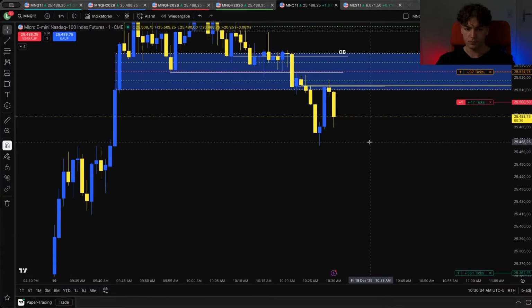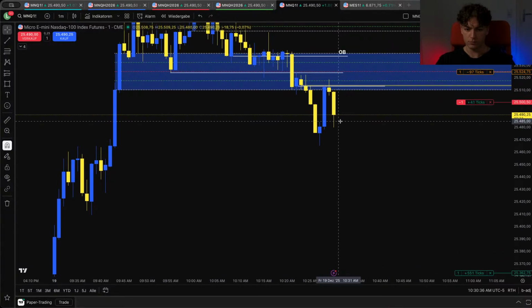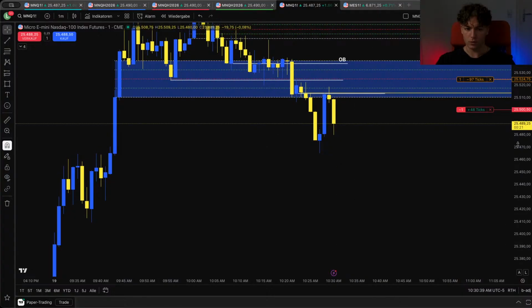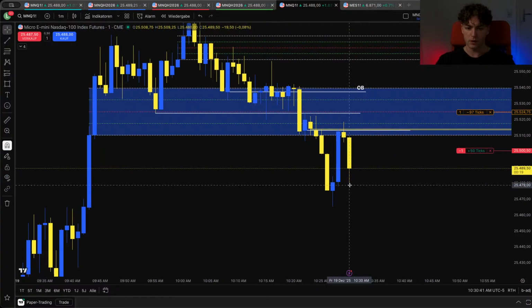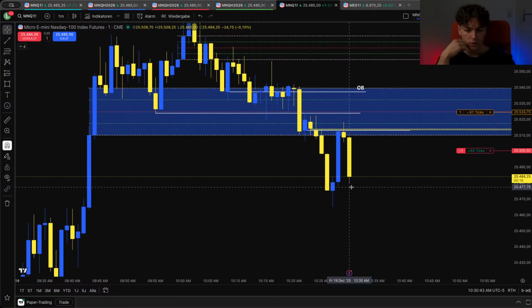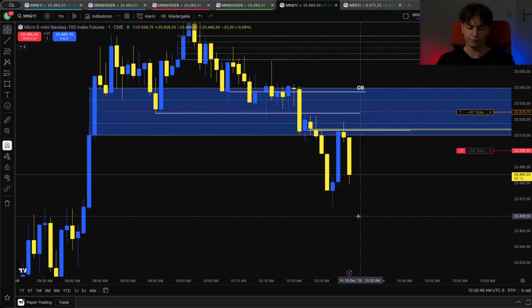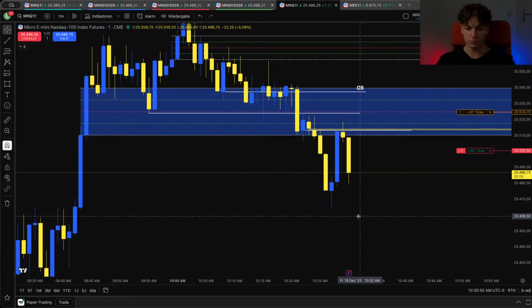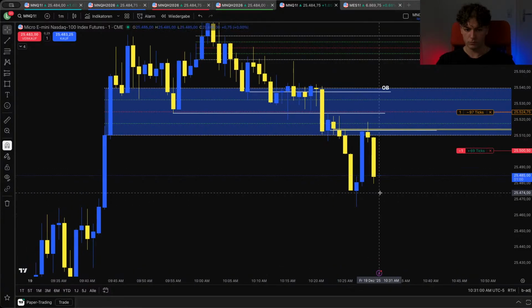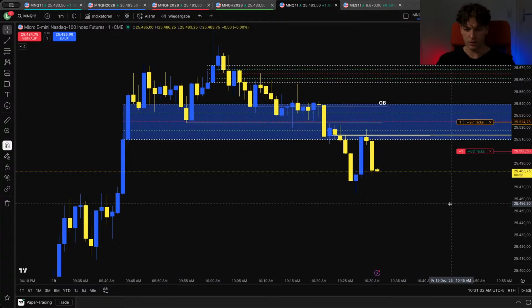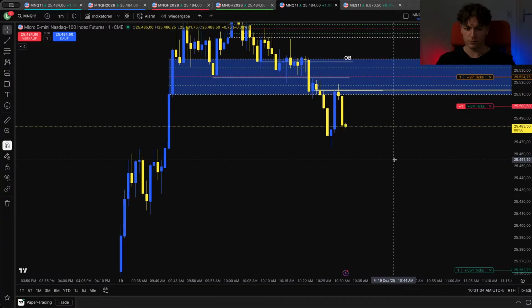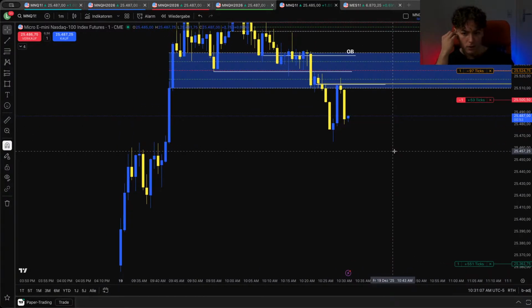Okay. Close strong. 23 seconds left until this candle closes. So best case scenario would be a close below this low here. Yeah, that's also pretty nice. Let's see.